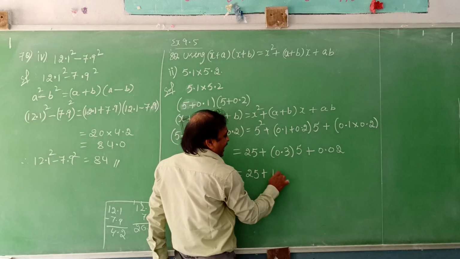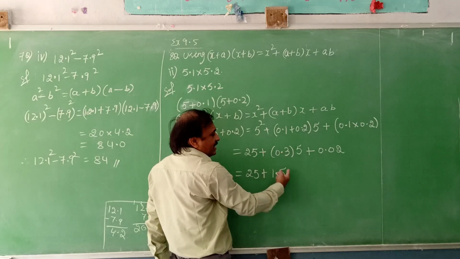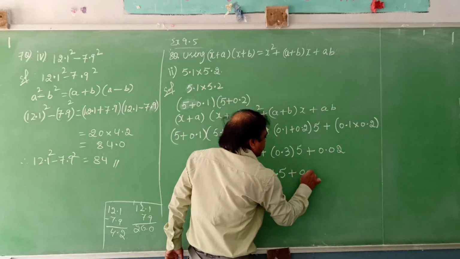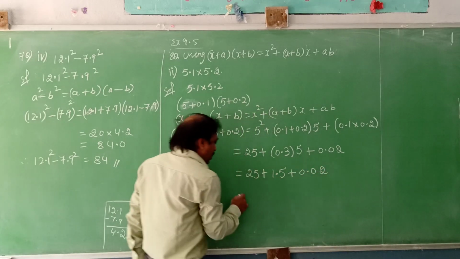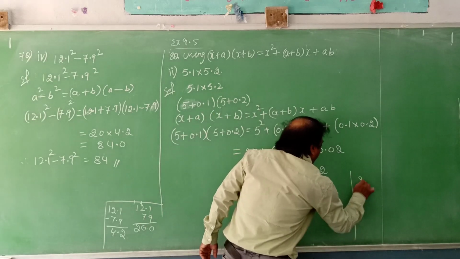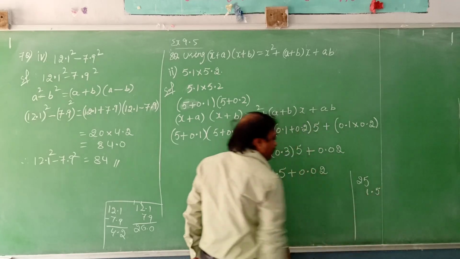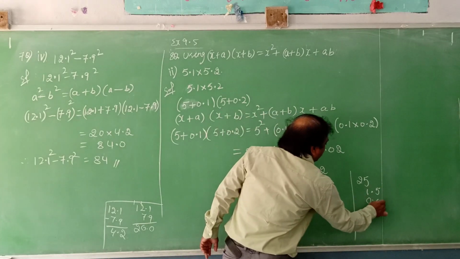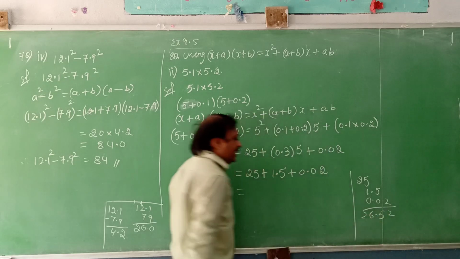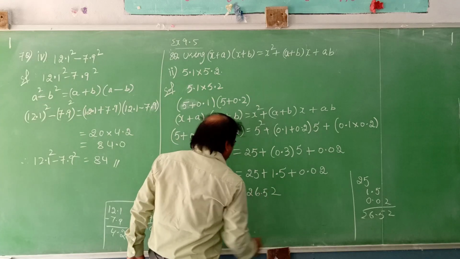5 3s are 15, and the decimal point has 1 place after it, so count from the right side and place the decimal point: 1.5. Plus 0.02. When you add all these, first you add the whole number part, 25 and 1, where 1 is the whole number and 5 is the decimal, plus 0.02, which equals 26.52.